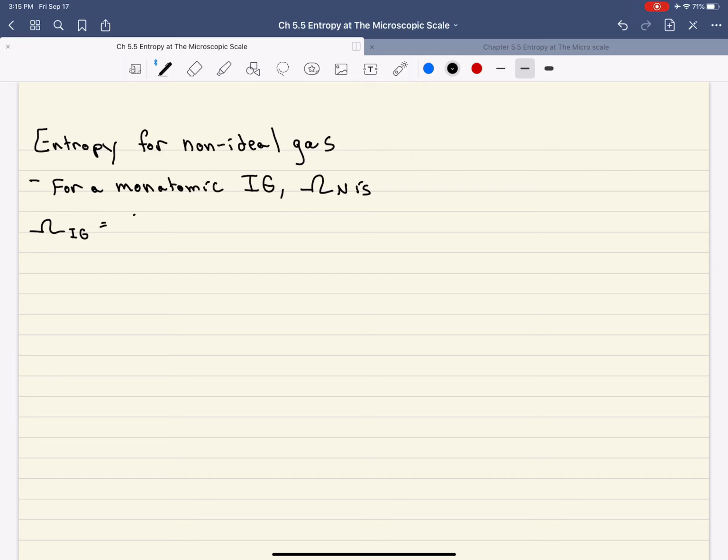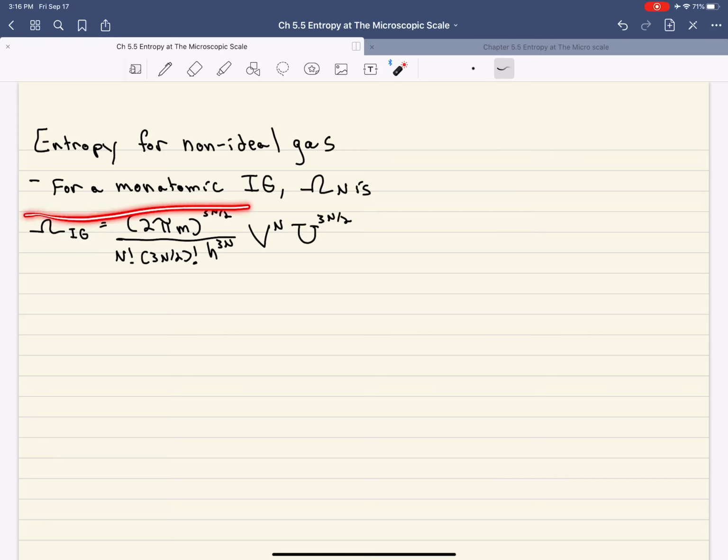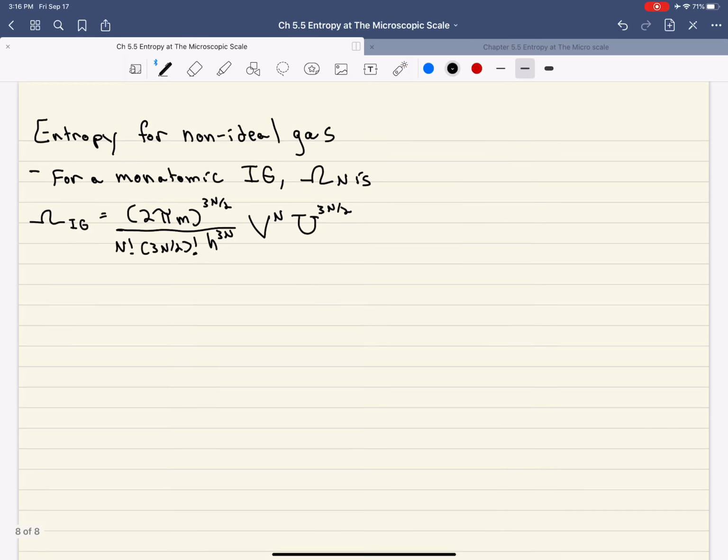And we saw there was just (2 pi m) raised to 3N over 2 divided by N factorial, (3N over 2) factorial, h raised to the 3N, and then that was multiplied by V raised to the N, and also U to the 3N over 2. All right, this is what we got for specifically omega, not S. So this is just omega. Okay. All right, so that's what it was for an ideal gas.